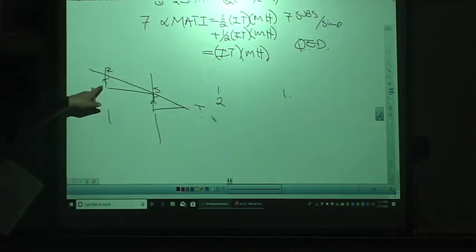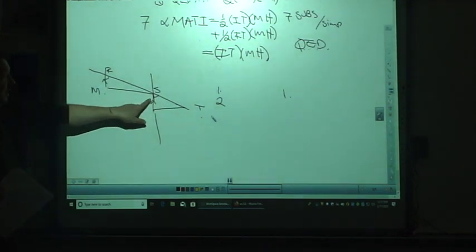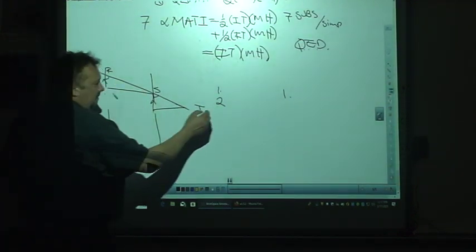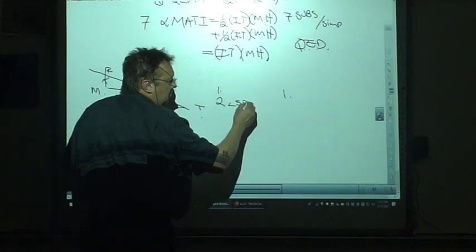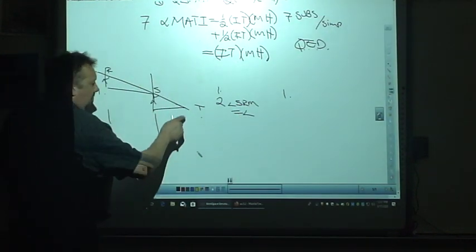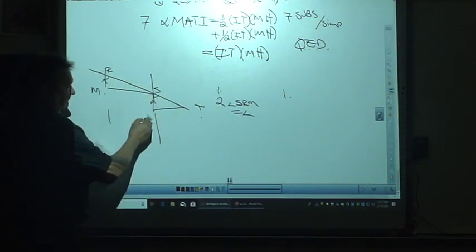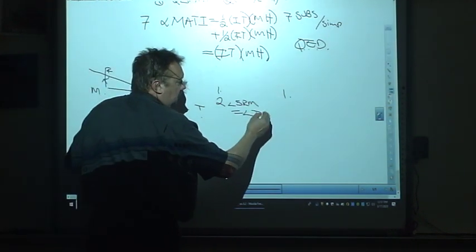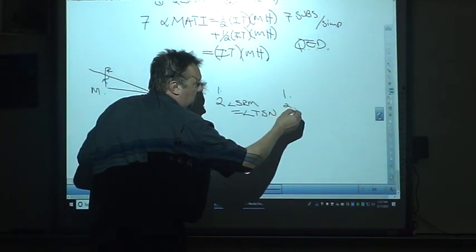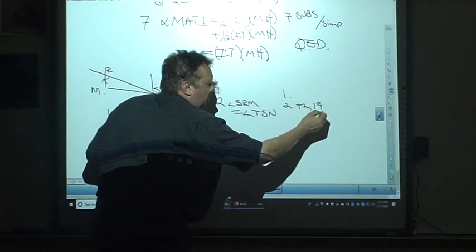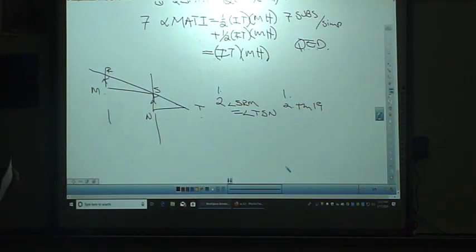I'm not going to label these as R and S just because it could be mistaken here which one it would be. So I'll do SRM is equal to angle TSN by theorem 19. If you wanted to number them as 1 and 2, that would be fine as well.